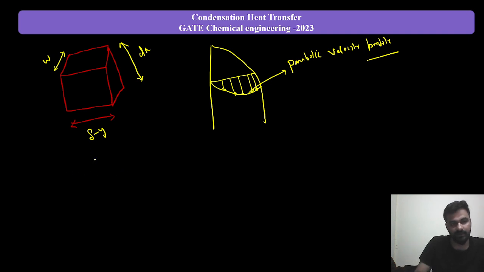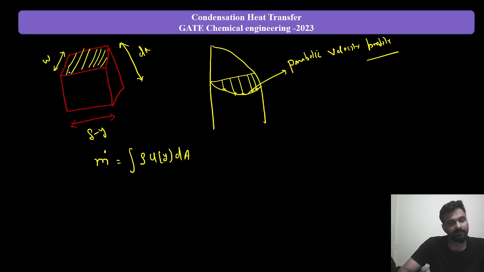Generally, what we do is the mass flow rate, m dot, equals rho times u(y) times dA. dA is the cross sectional area we take for the calculation of mass flow.